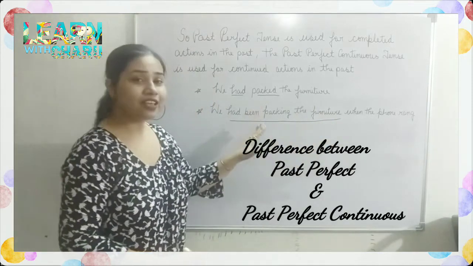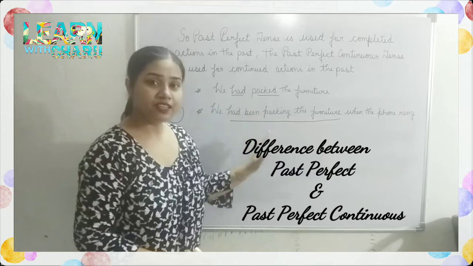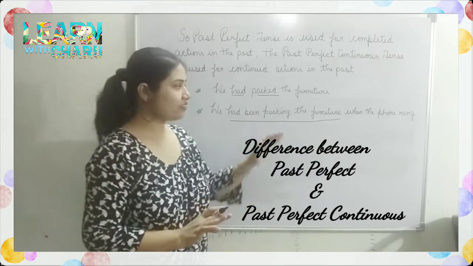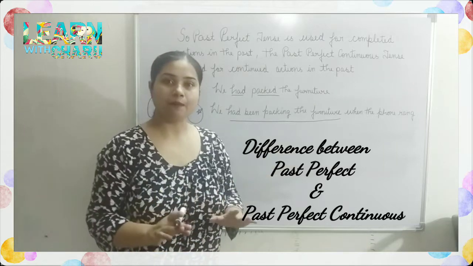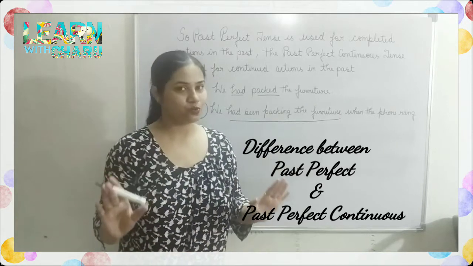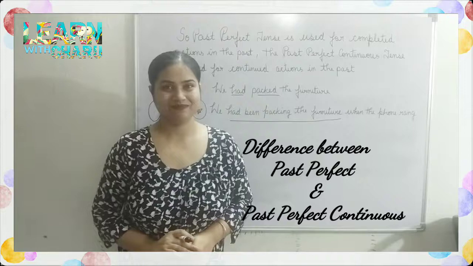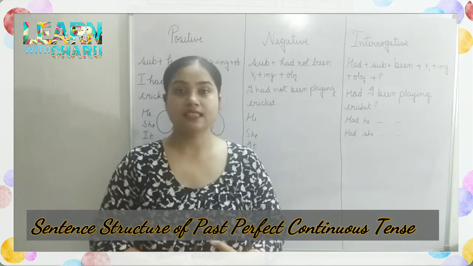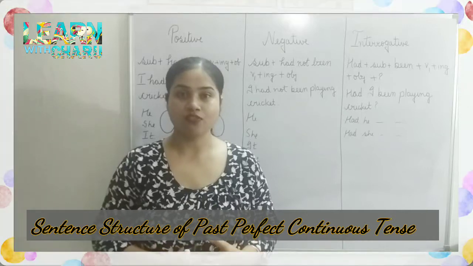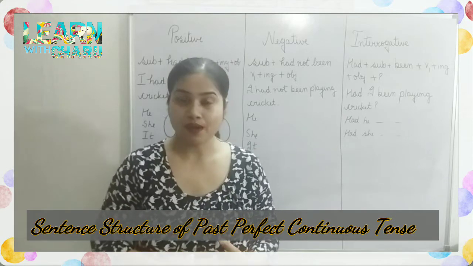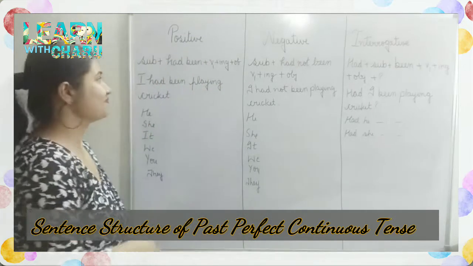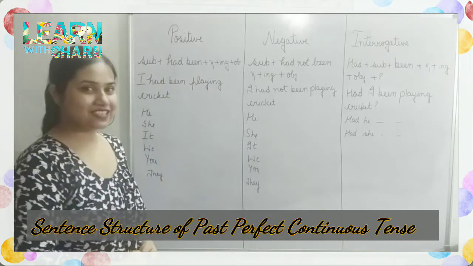But both the actions, everything happened in the past only. Okay, whatever is going on, this thing happened in the past only. Remember this. Now, let's understand the sentence structure of the past perfect continuous tense. Positive sentence.